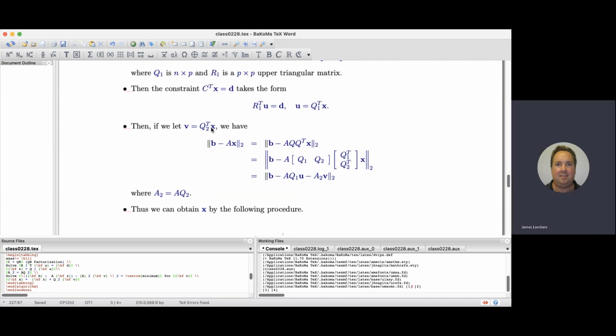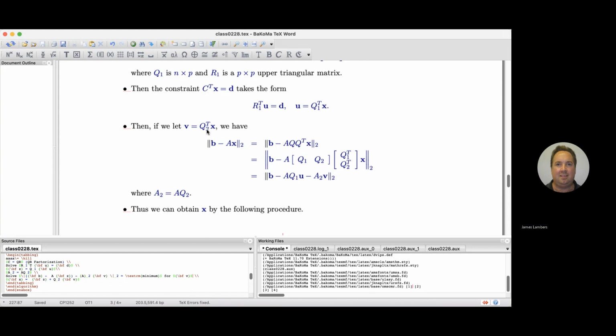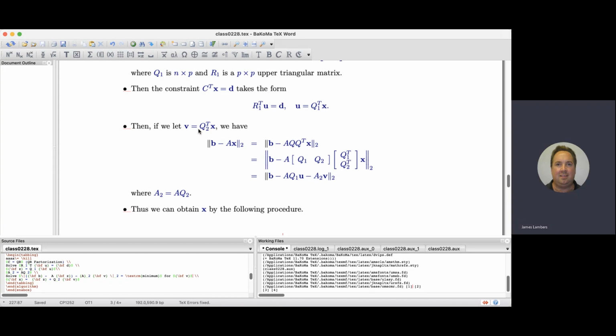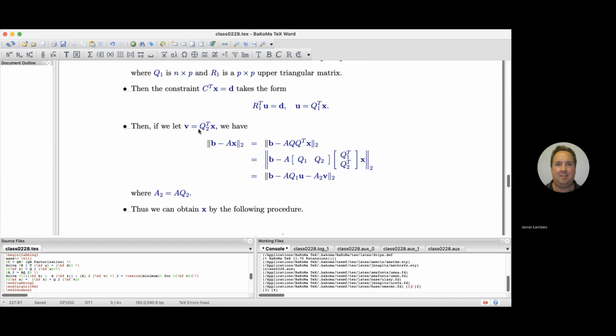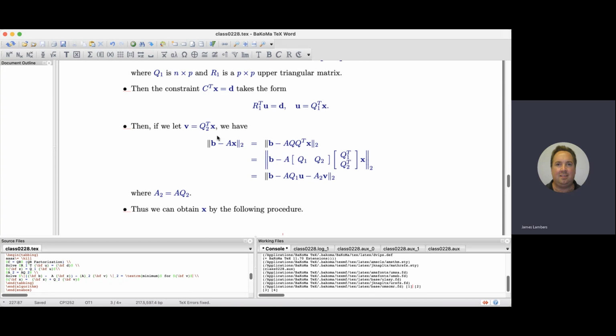V is equal to Q transpose X. So if I multiply both sides of this equation by Q2, now Q2 transpose Q2 is identity. The other way, Q2 Q2 transpose is not identity, but it is a projection of x into the range of Q2.